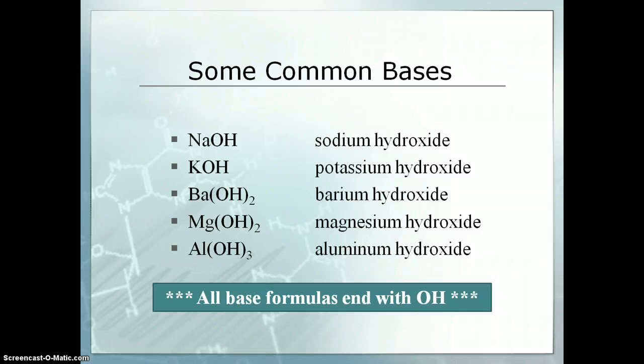The thing that we definitely need to know is that any formula that ends with OH is a base. And any name that ends with hydroxide is a base. So acids have an H to start the formula and end in the word acid. Bases have an OH to end the formula and have hydroxide in their name.